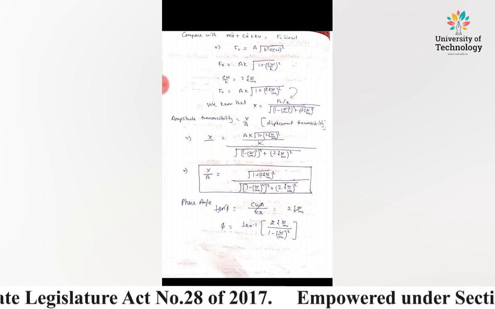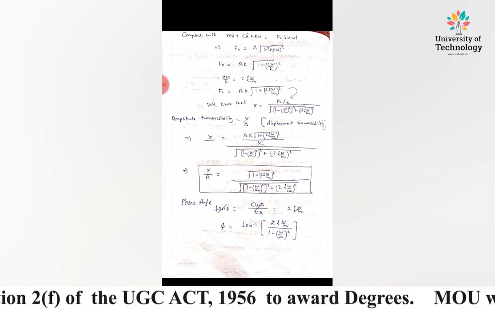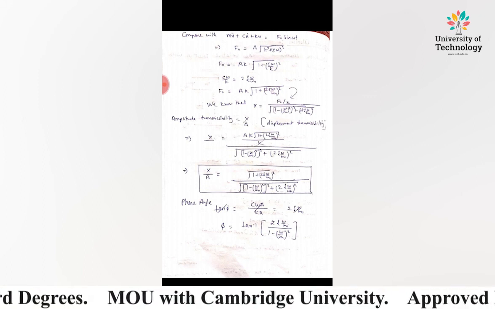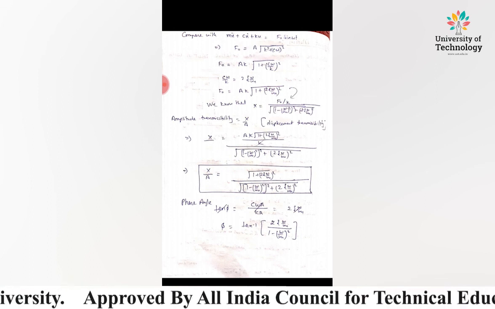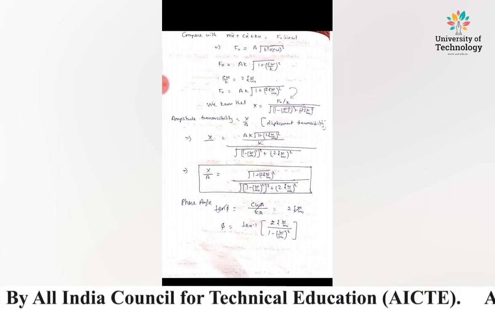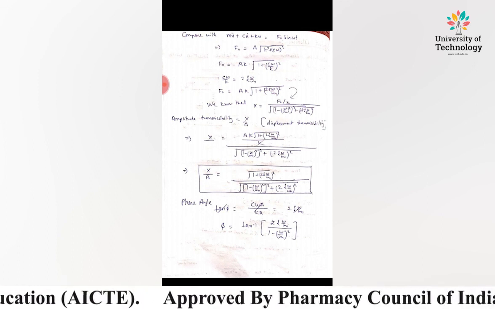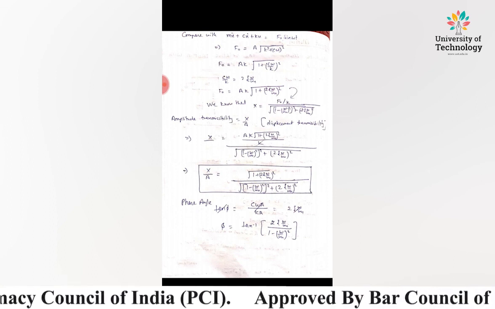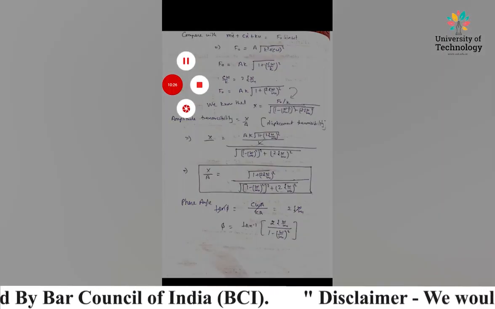The A will come on the downside of x, that is x by A is equal to the root of 1 plus (2 zeta omega by omega n) whole square over the root of (1 minus (omega by omega n) square) whole square plus (2 zeta omega by omega n) whole square, and the phase angle phi will be tan inverse of 2 zeta omega by omega n upon 1 minus (omega by omega n) whole square. Thank you.